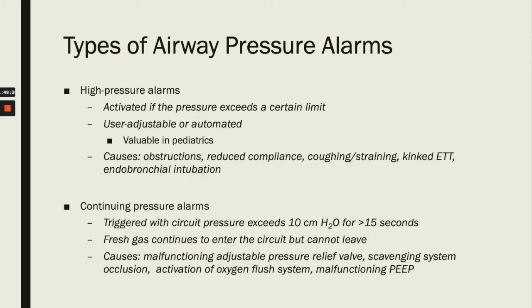Now, high pressure alarms are activated if the pressure exceeds a certain limit. These are user adjustable or automated, and they're valuable in pediatrics because you want to adjust the pressures; their inspiratory and peak pressures are not going to be the same as adults because they don't have the same anatomy.